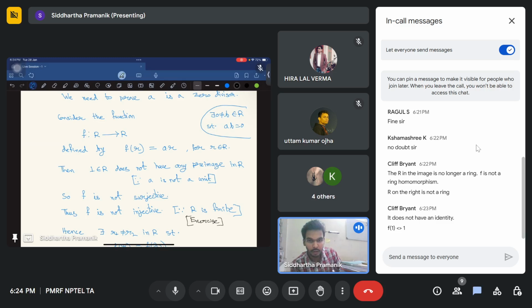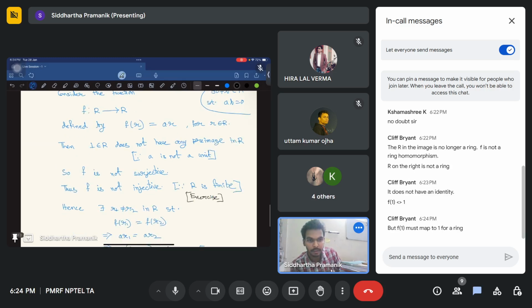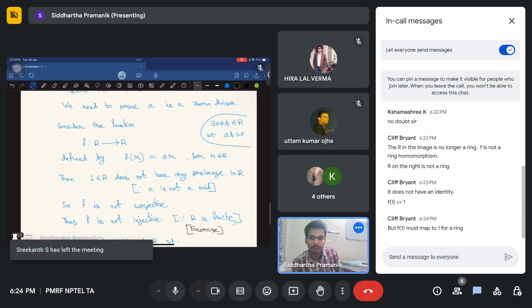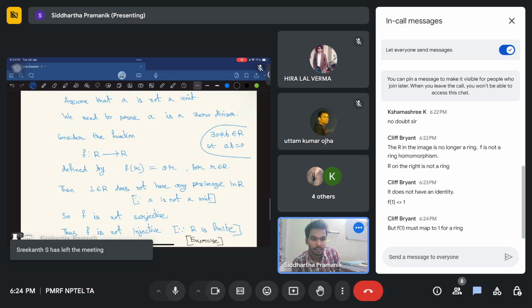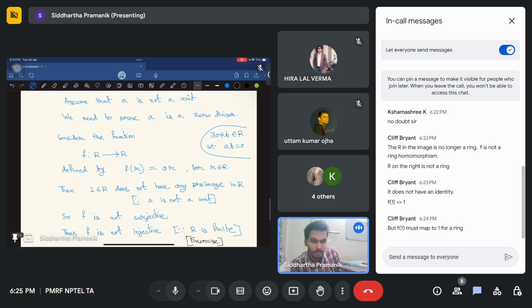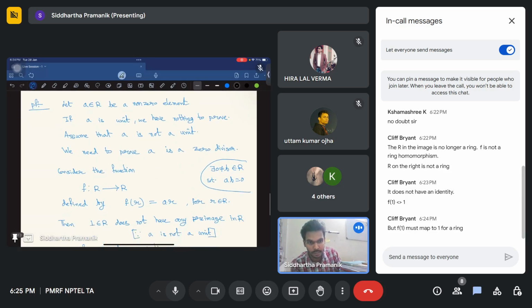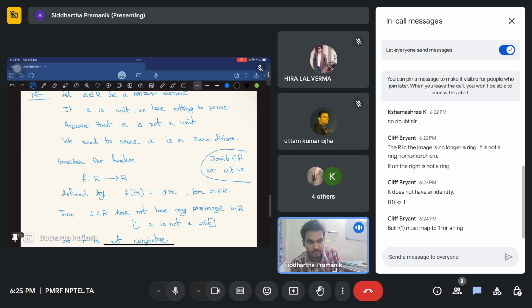Did you get it, or do you still have doubt? Yeah, that is true for a ring homomorphism, but I am not using anything from ring homomorphism. I have just defined a function. That's all.